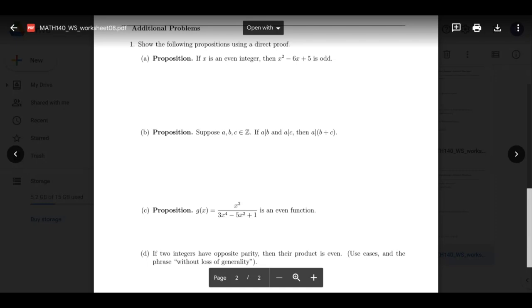Right, what does this mean? This means a divides b plus c. That's the proof. If a, b, c is too abstract, you can think of some numbers to work with.